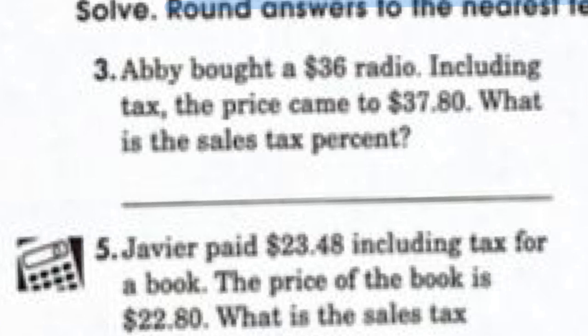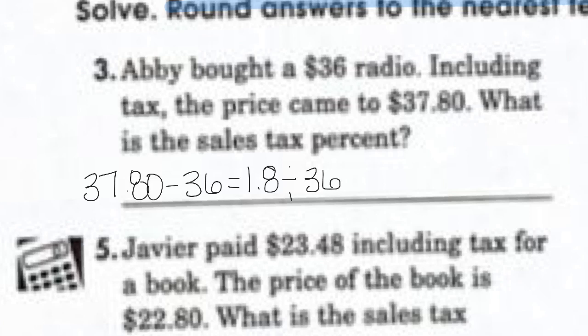So you've got to take the larger number, I'm going to subtract my smaller number, and I get 1.8. Now, that's like $1.80. From that, I need to divide by its cost, which was $36.